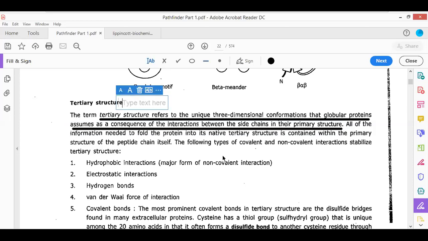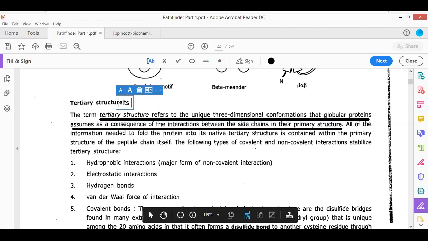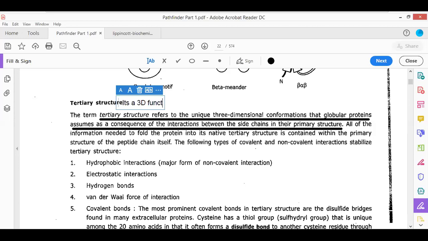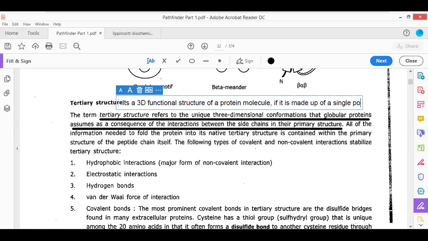So I'm writing it down. It's a three-dimensional functional structure of a protein molecule, if it is made up of a single peptide chain.